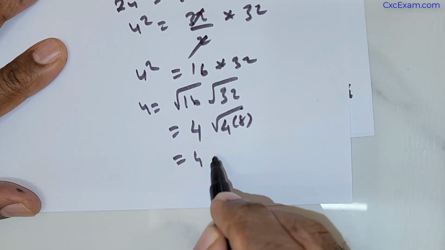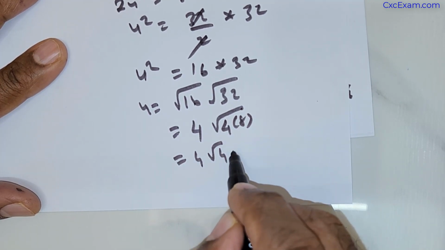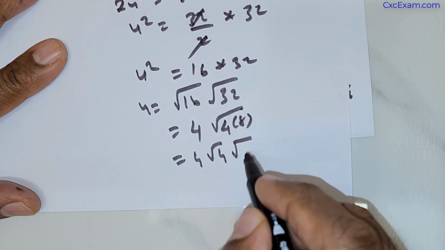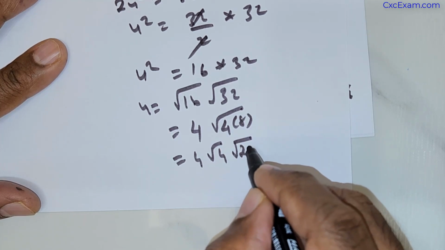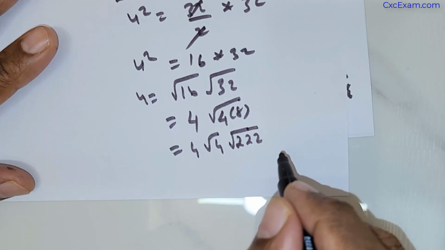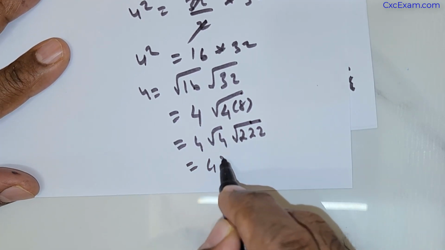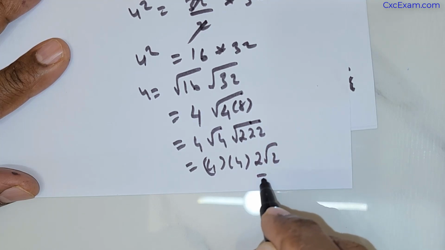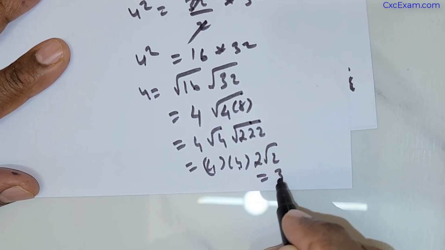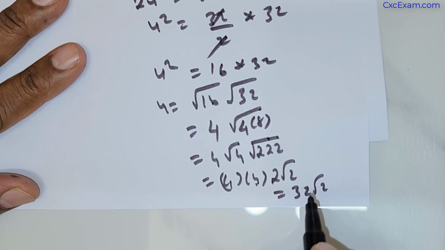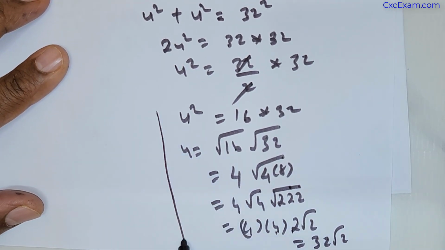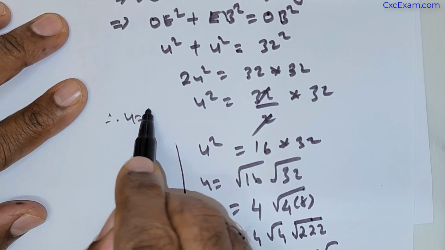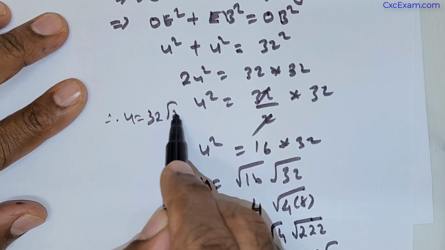So it's going to be 4 times root of 4 times 8, and 8 I'm going to write it as 2 times 2 times 2. So this is going to be 4 times 4, 2 times the root of 2, which is going to be 4 2s are 8, 8 4s are 32 times the root of 2. Okay. So therefore U is 32 times the root of 2.